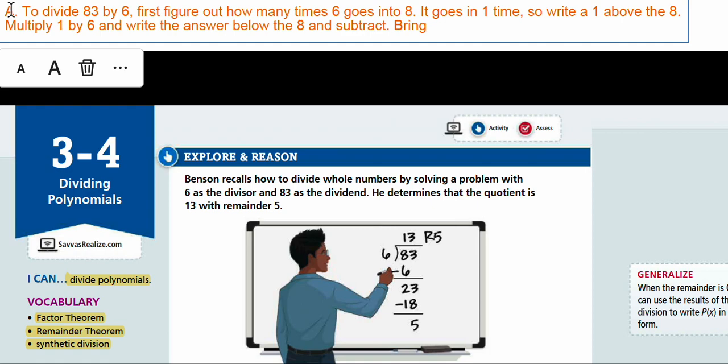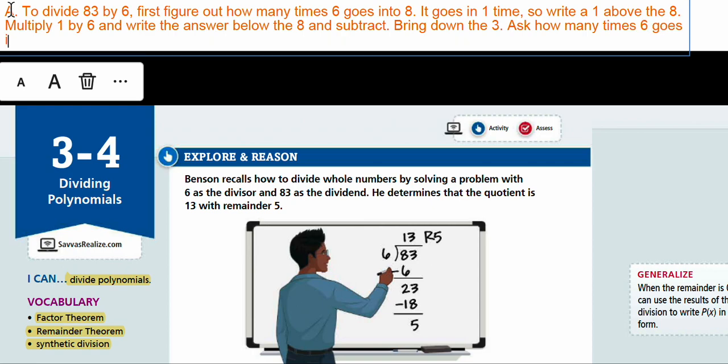Bring down the 3. Ask how many times 6 goes into 23. It goes in how many times? 3 times. So write a 3 above the 3. Then multiply it by 6 and write the 18 below the 23 and subtract.